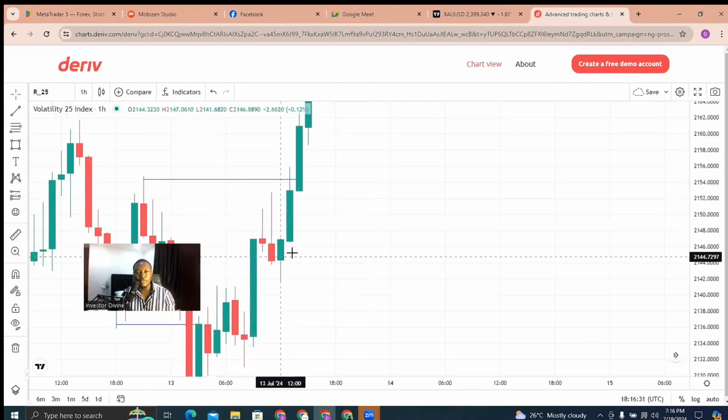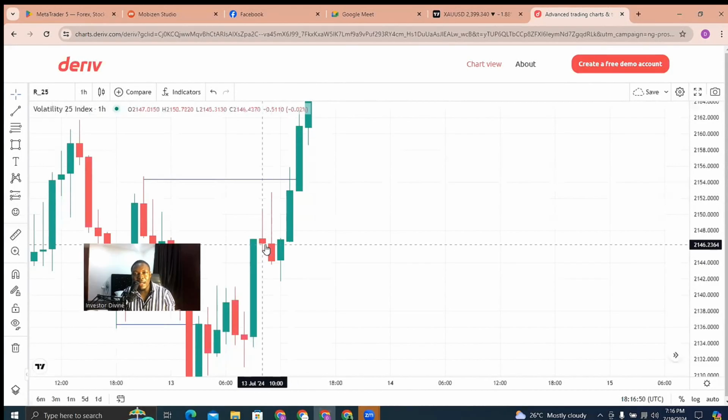But look at this one. There's a sell candle here, there's a buy candle here. The sell candle starts forming here and closes here. This buy candle came up and engulfed the previous sell candle.